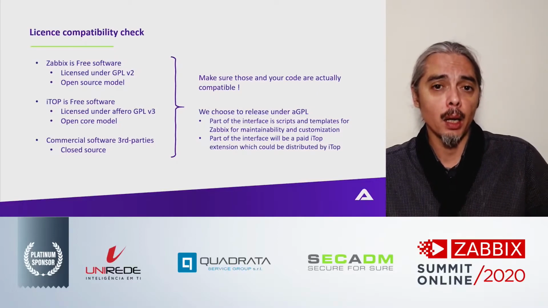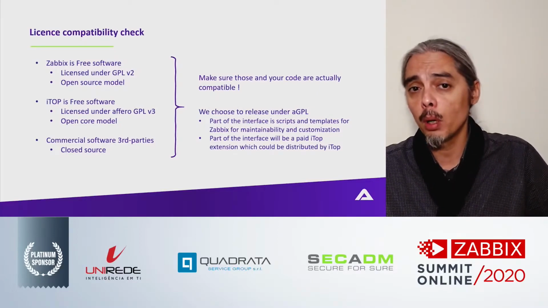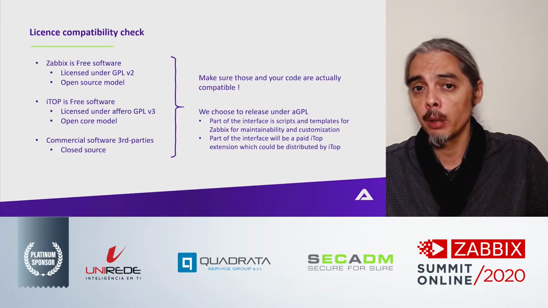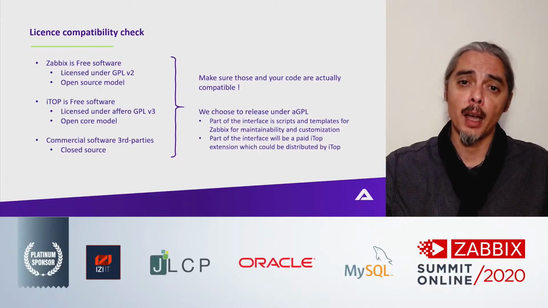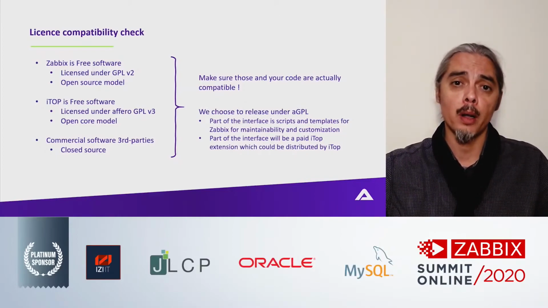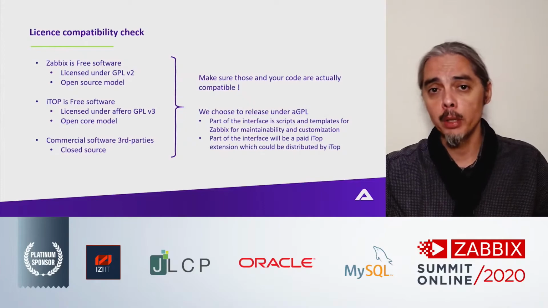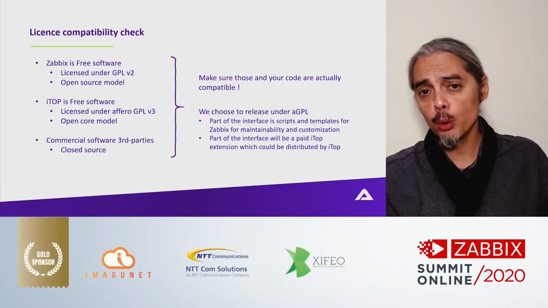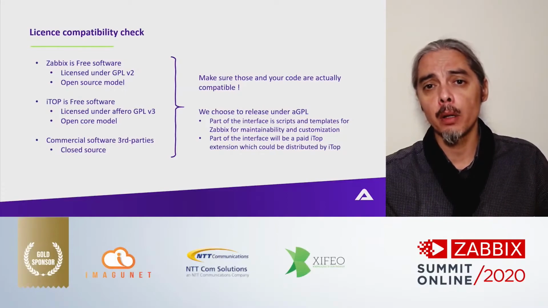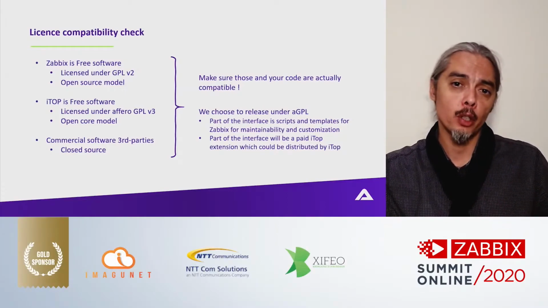Only it's not a full open source model, it's an open core model, meaning you have a community edition, which is full, and then you have added features, which are sold as extensions. Some are free, some require maintenance or prerequisites. And we choose to release that under AGPL. Actually, we split the integration in two.